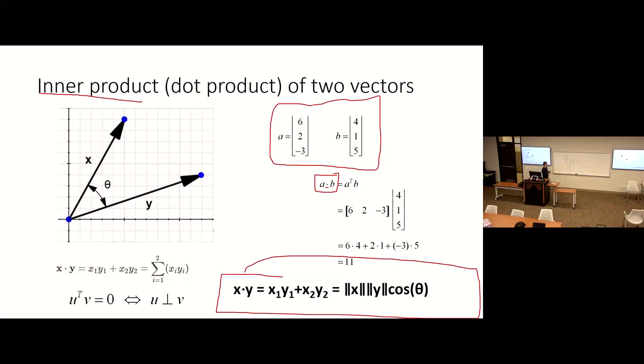Because if you only write small a, small b, you don't know whether A is a horizontal or vertical vector. So in this case, if you know it's a dot product, you don't care.